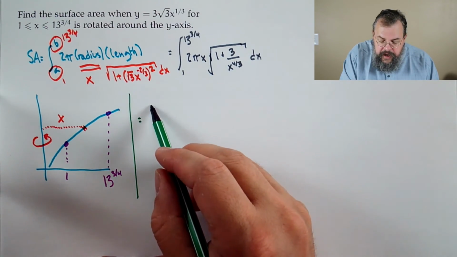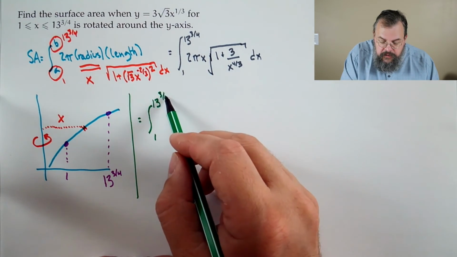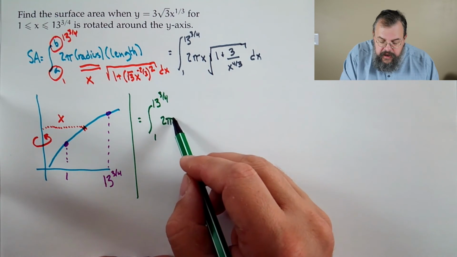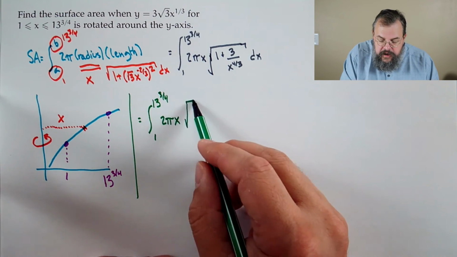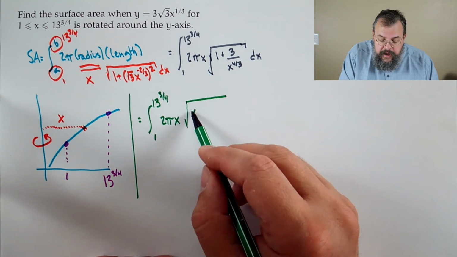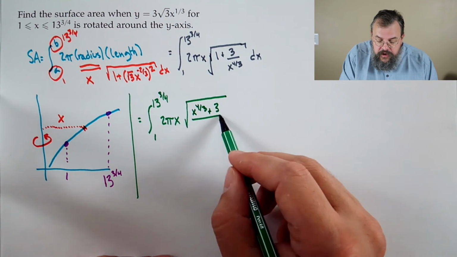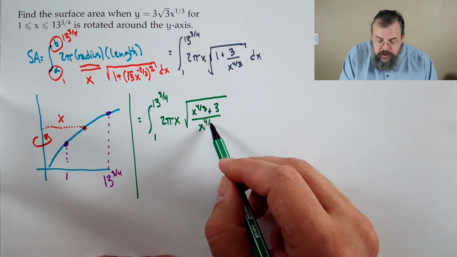Okay, so adding up from 1 to 13 to the 3/4, 2 pi x. And here, a common denominator would be x to the 4/3. So we have x to the 4/3 plus 3, over x to the 4/3.